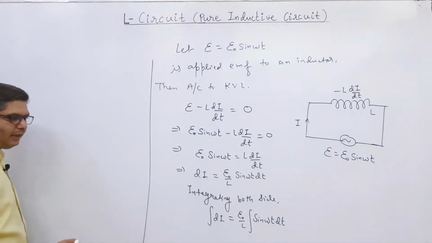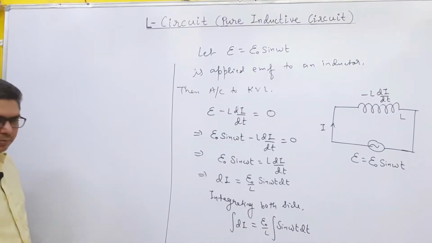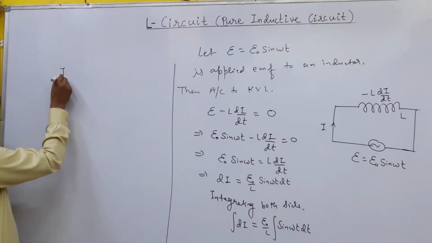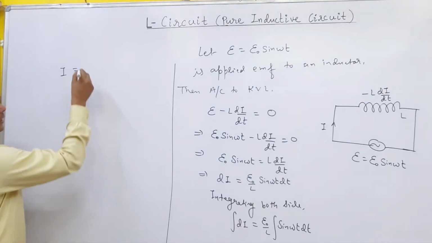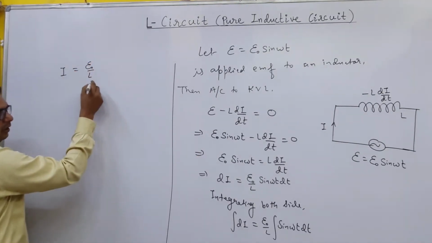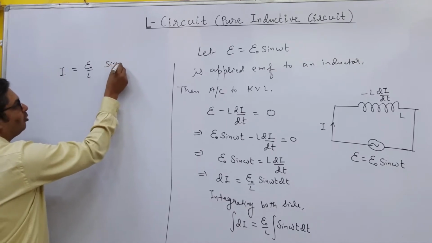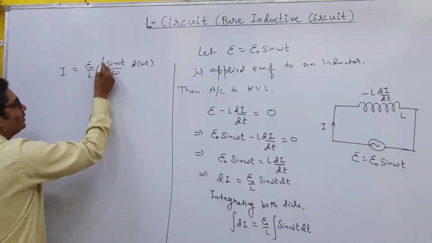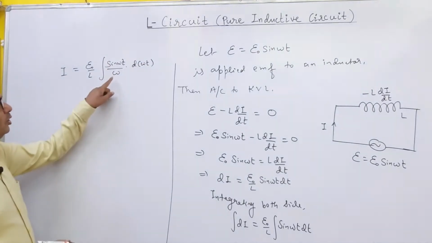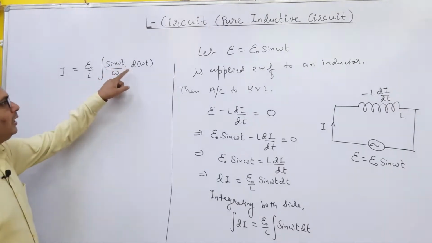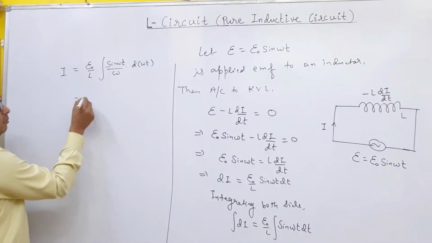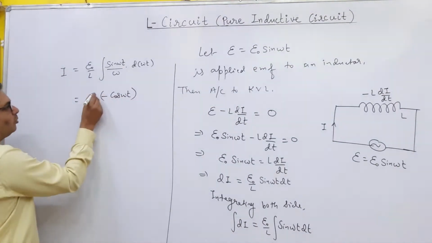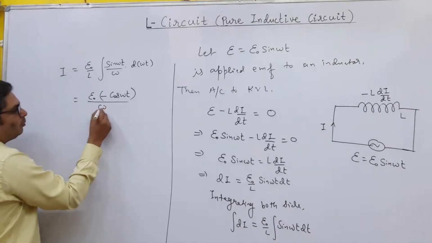On the left side you have di, the integration is I, and on the RHS you can write E naught upon L, sin omega t upon omega into d omega t. Now this omega is constant, and the integration of sin omega t d omega t is minus cos omega t. So you have minus cos omega t times E naught upon omega L.